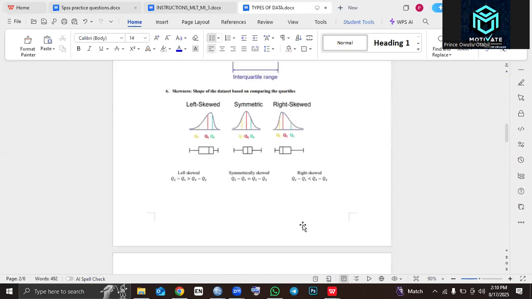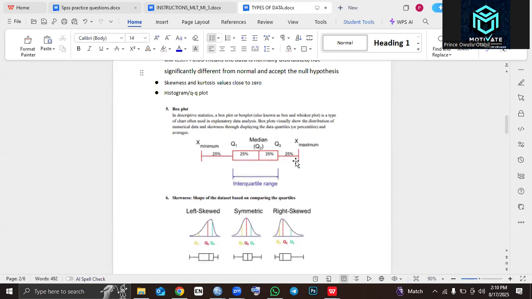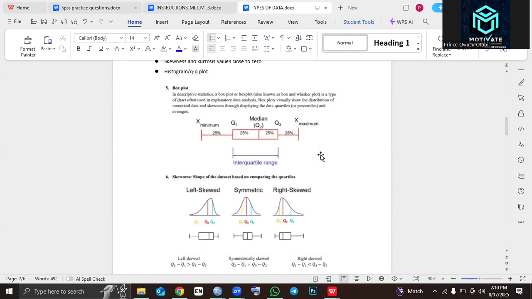I would want to show you this. This is an image of a box plot, showing the minimum and maximum values and the median values with the different interquartile ranges. Please take note of this image.